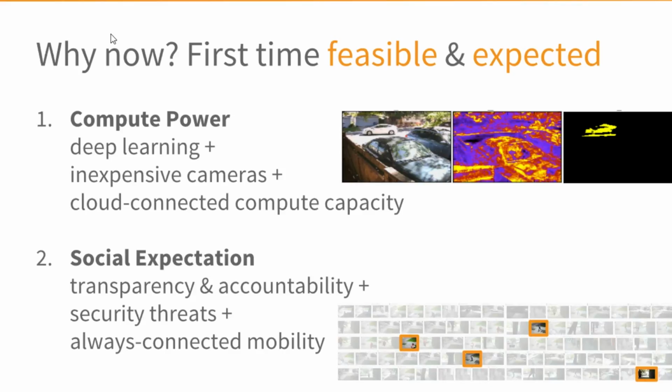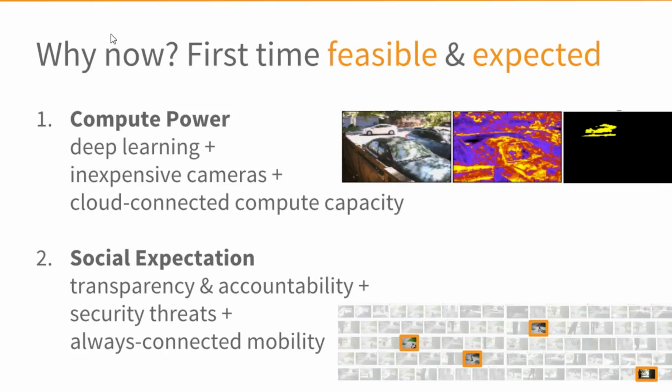The reason that we are focusing on it now is that it's the first time that this has been feasible. It's only in the last 2 years that some of these deep learning things have been possible, and you're finally getting inexpensive compute power at the edge, combined with people's social expectations, which have gone from "is there any video of that?" to "where is the video of that?"